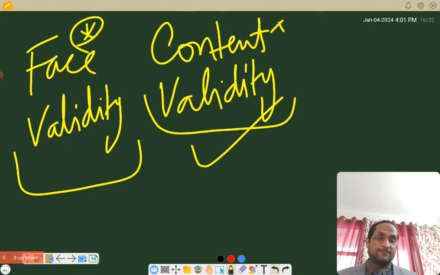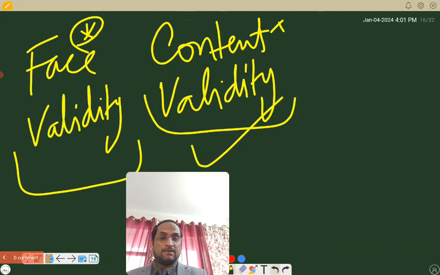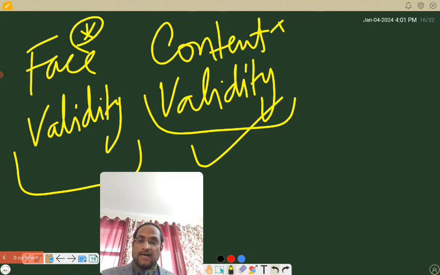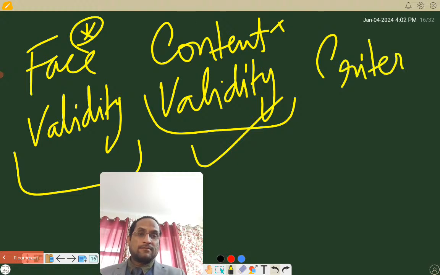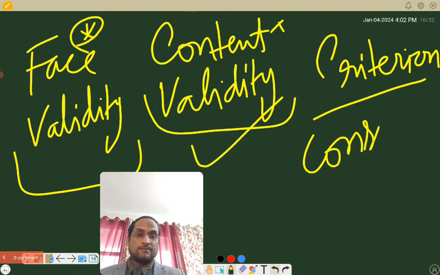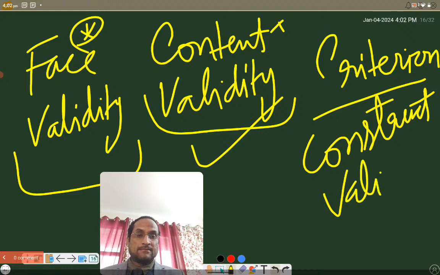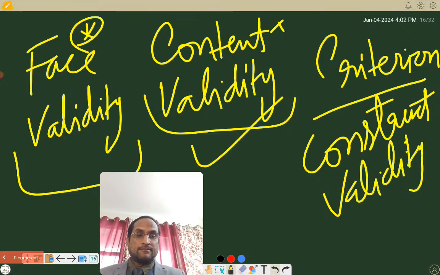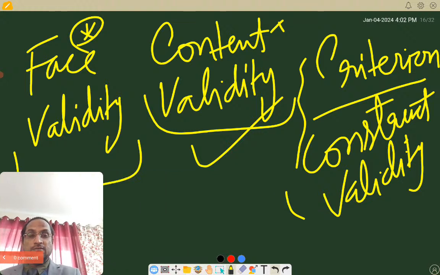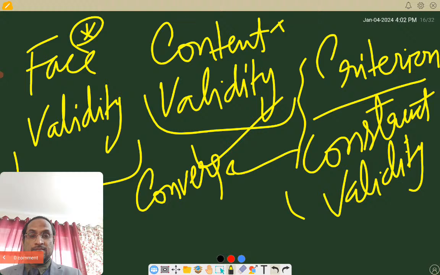Then comes your criterion or construct validity, simplifying it. And under that also, convergent and discriminant.